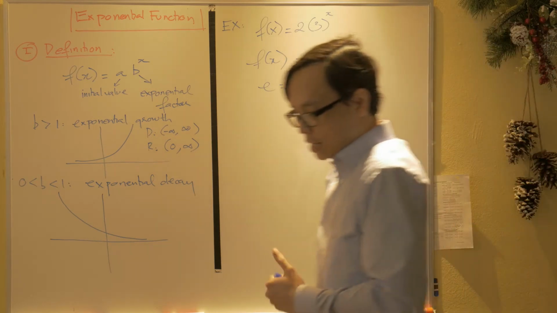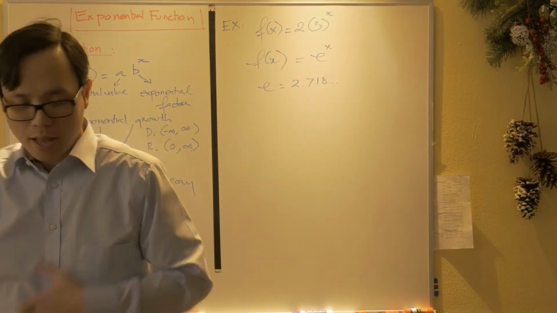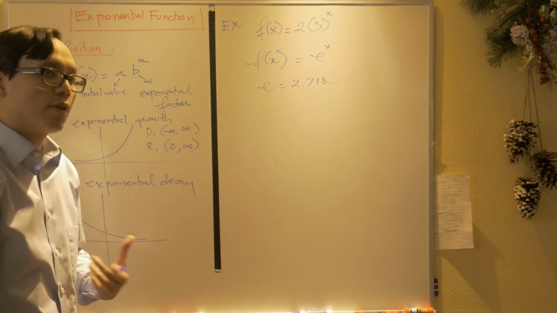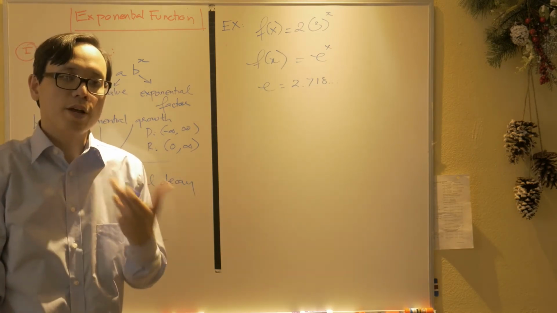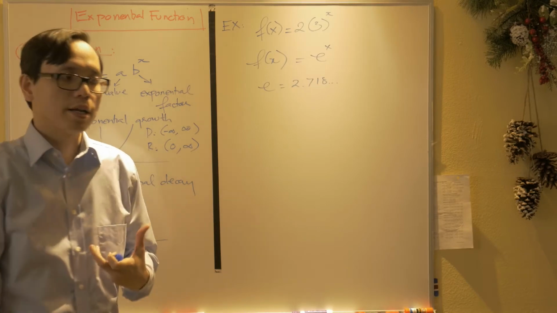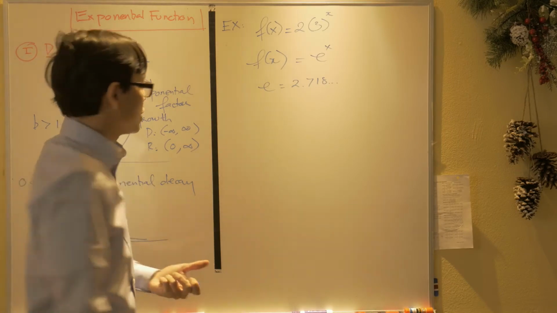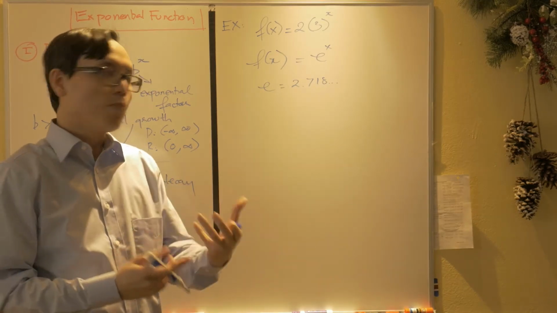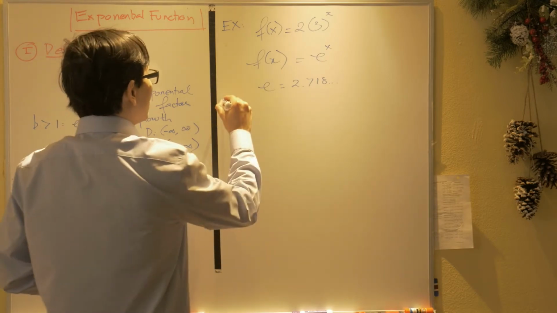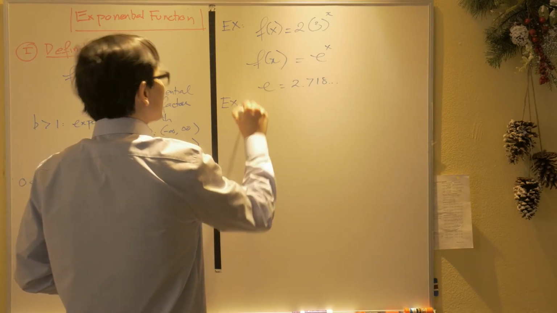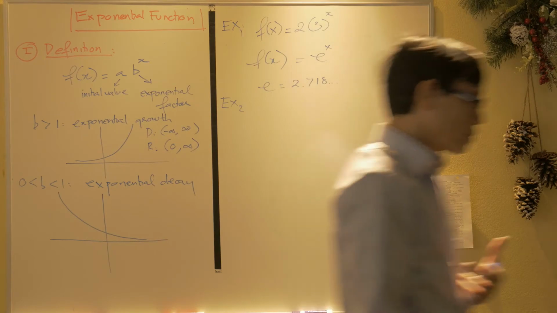After we understand exponential function already, how we write exponential function, how we construct exponential function algebraically, given some information, given 2 points, the coordinates of 2 points. Example 2. Okay.